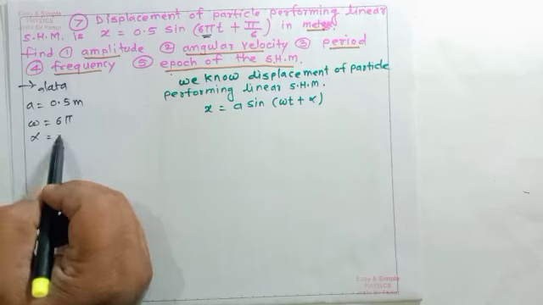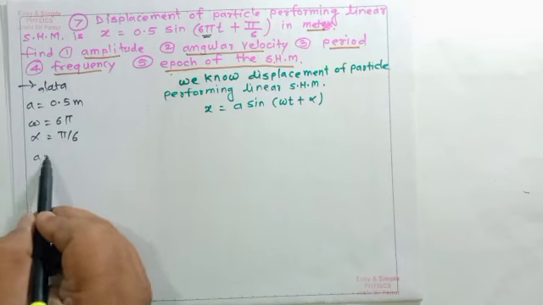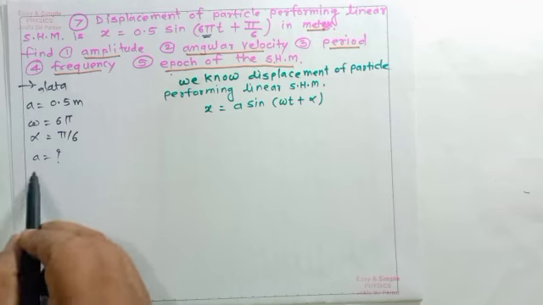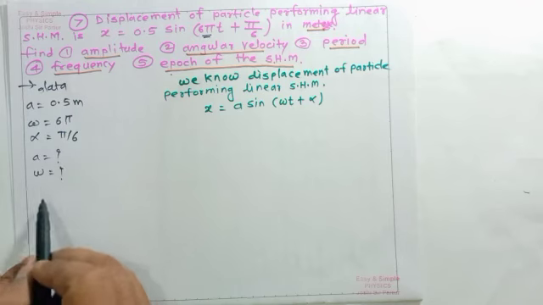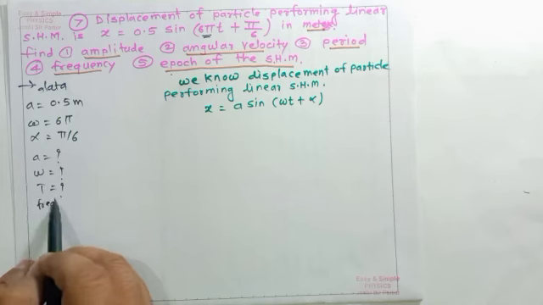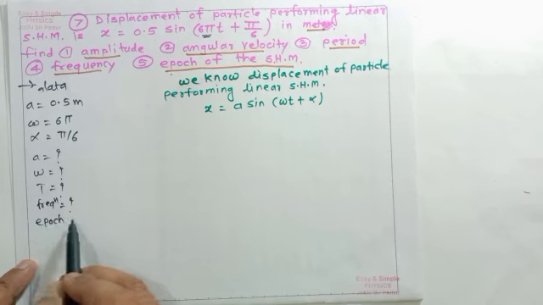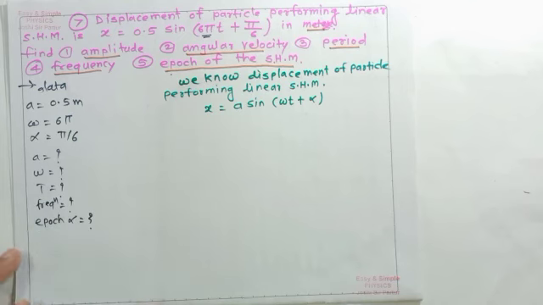Alpha is pi upon 6. And we can find out A, again omega, again time period, again frequency, and lastly epoch, which means alpha. The 5 questions are solved by the given equation.